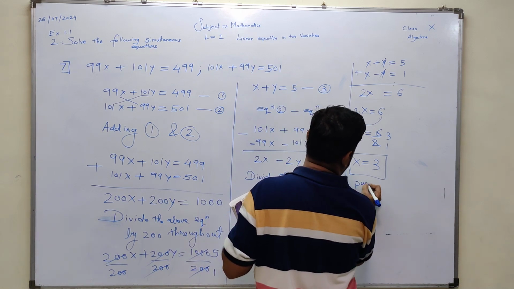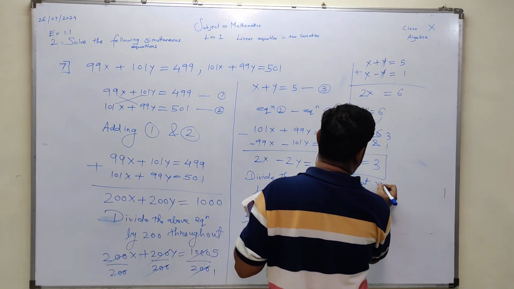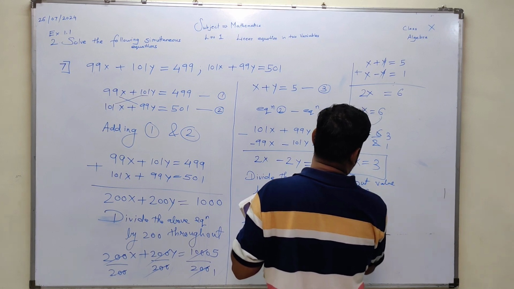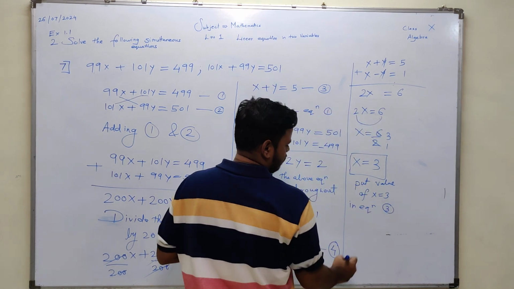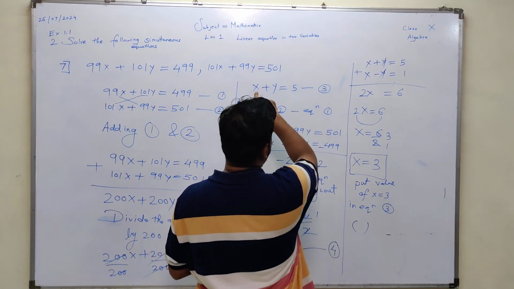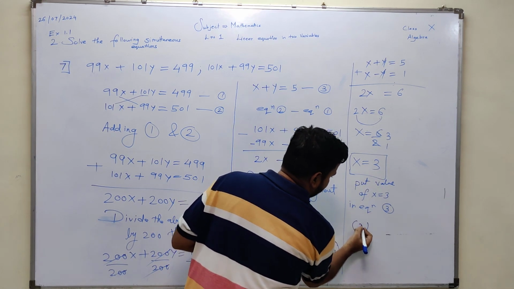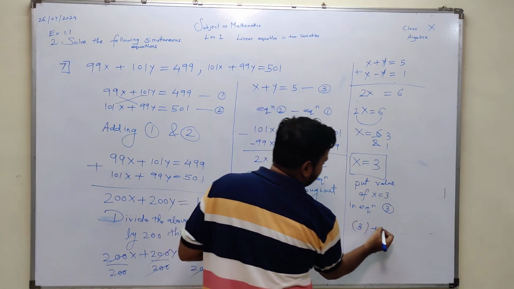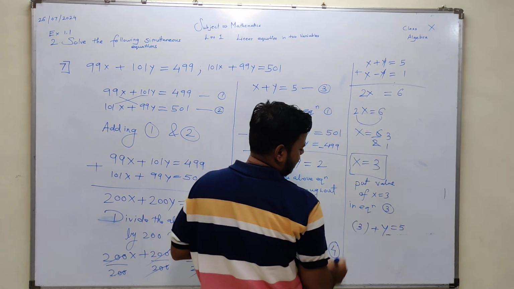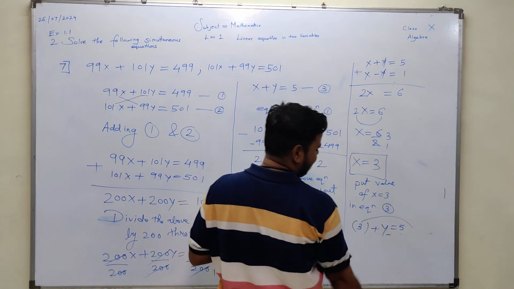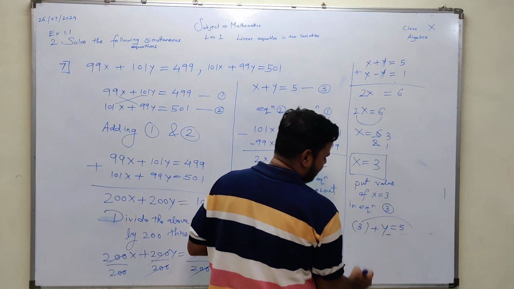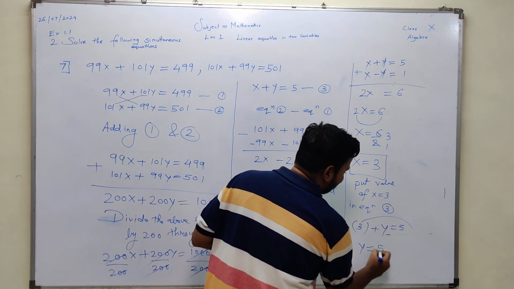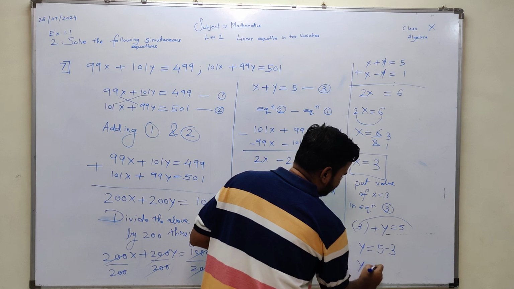So by putting the value of x equal to 3 in equation 3, we get, instead of x we will write 3 plus y is equal to 5. Now transpose this to the right hand side. So here it is plus, on the right hand side when it goes, it will become minus. So this will be y is equal to 5 minus 3, y is equal to 2.